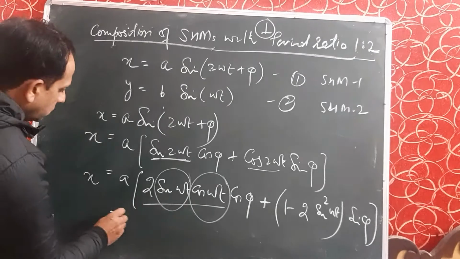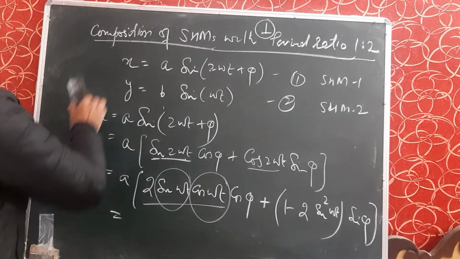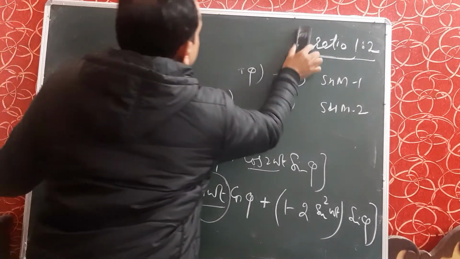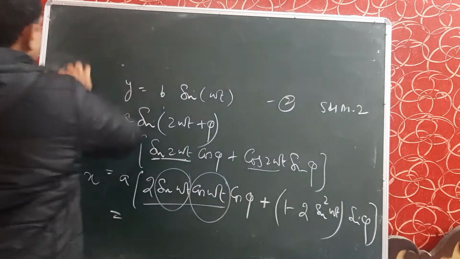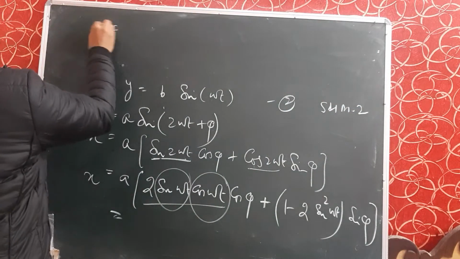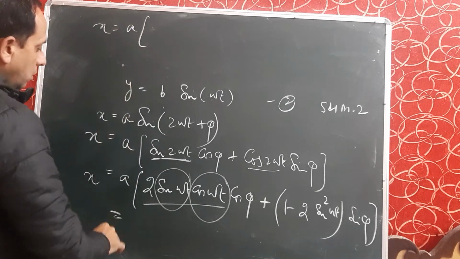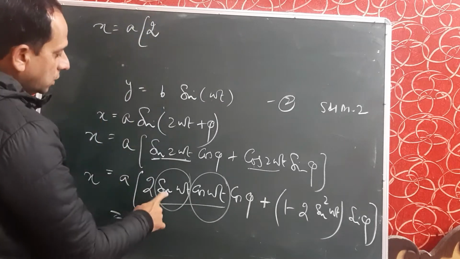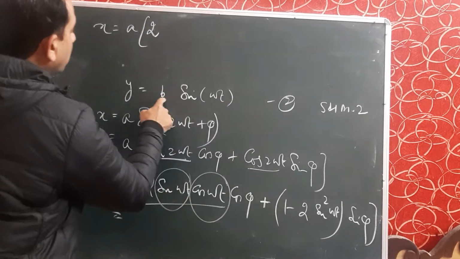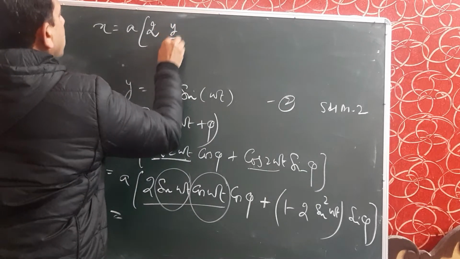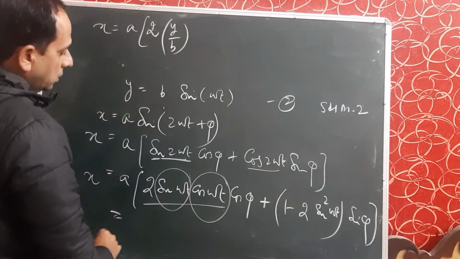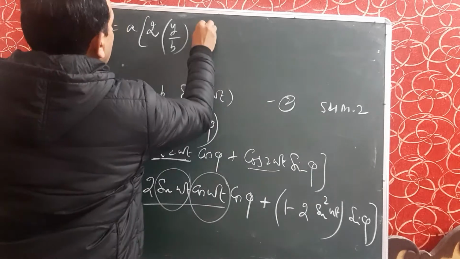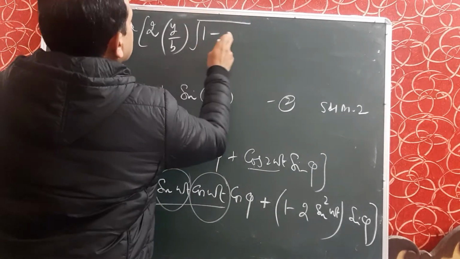These are the same steps which we have already followed in the previous article. That is, x is equal to a into 2 into sine omega t, which from the second equation is y upon b, and cos omega t is the square root of 1 minus sine square omega t.